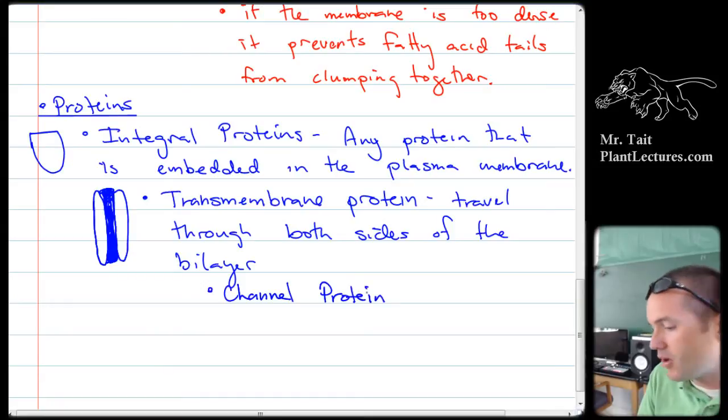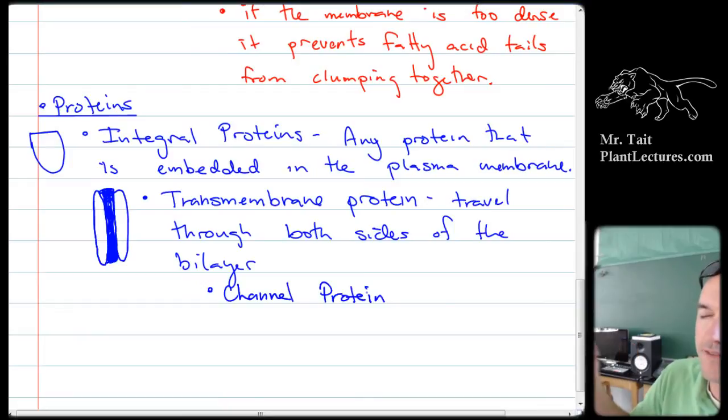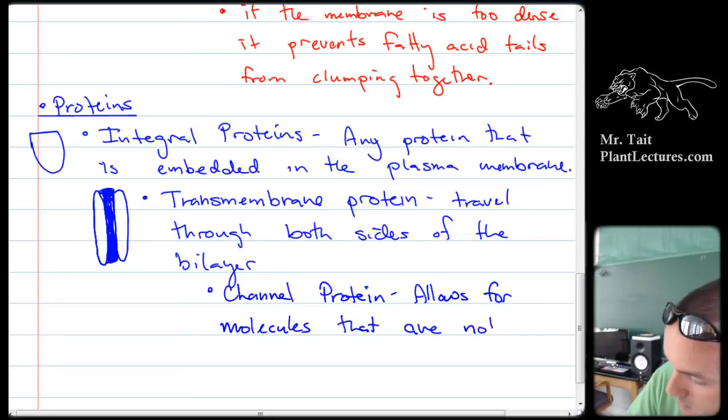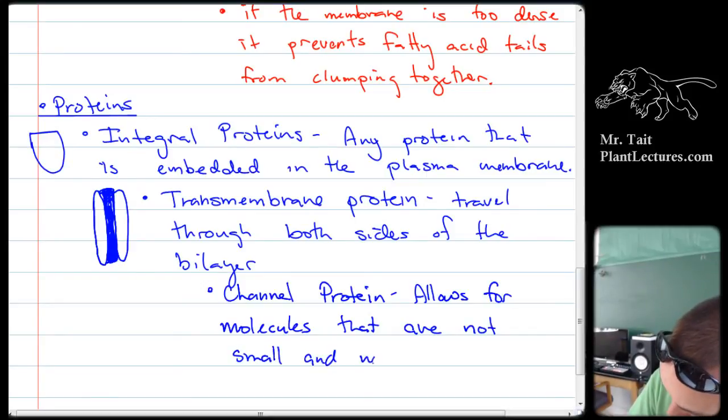And a transmembrane channel protein is going to allow for the diffusion of things that would normally not be able to diffuse through the membrane. So it allows for molecules that are not small and nonpolar to diffuse through the membrane.